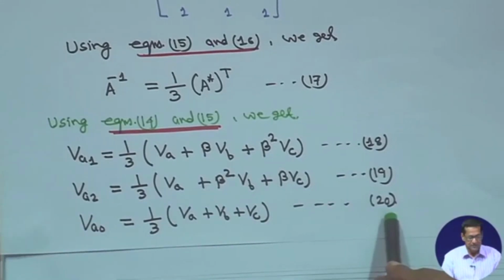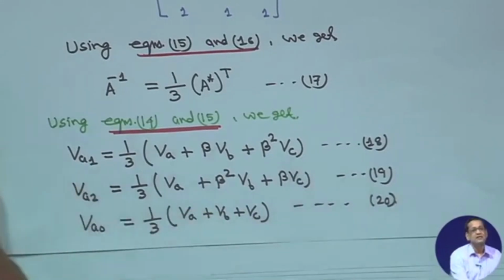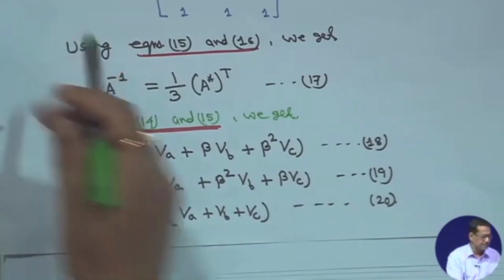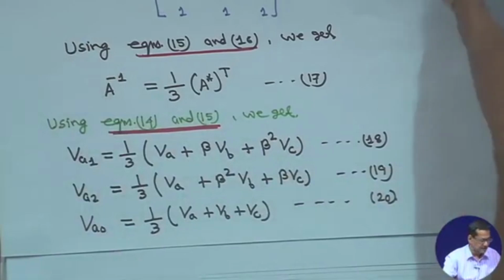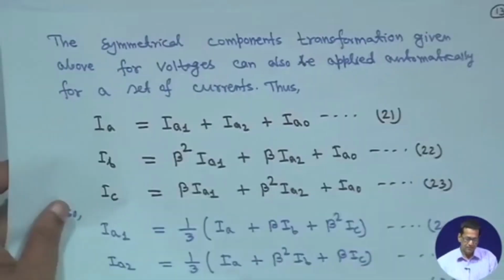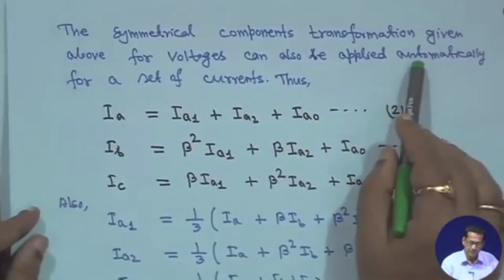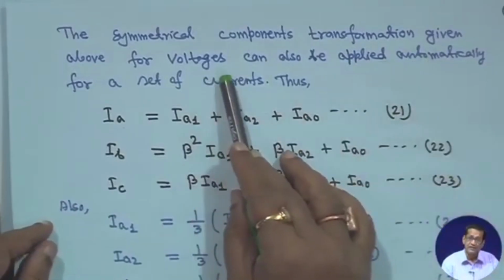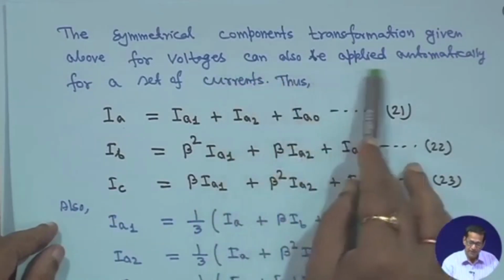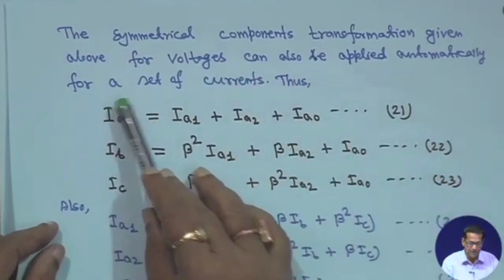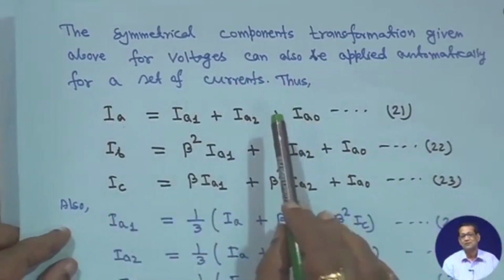Similar philosophy is applied to current, the same positive, negative and zero sequence components. The symmetrical component transformation given above for voltages can also be applied to a set of currents, same philosophy.